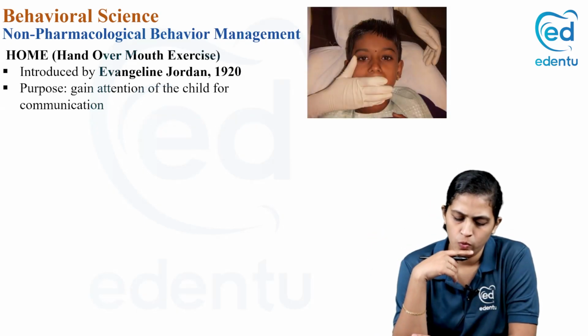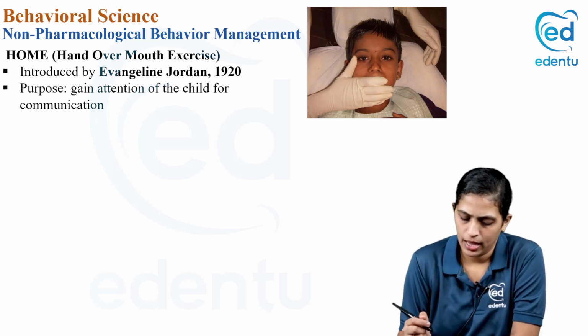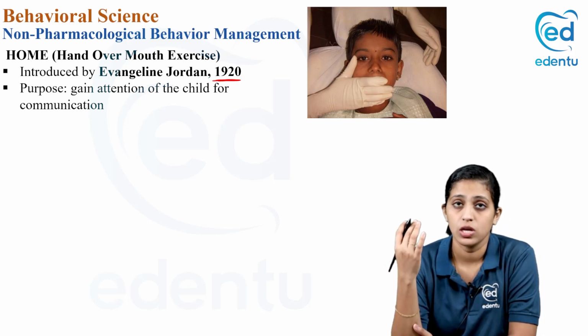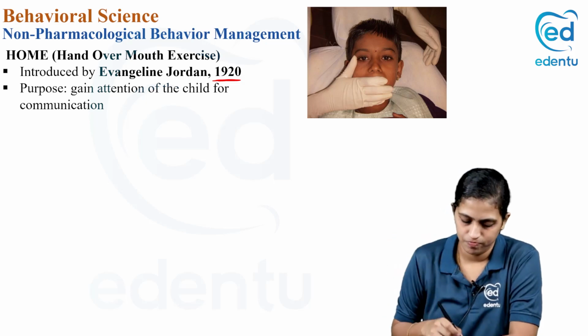Now to the hand over mouth exercise, otherwise known as HOME. This was introduced by Evangeline Jordan in 1920. The main purpose of the hand over mouth exercise is to gain the attention of the child for better communication.